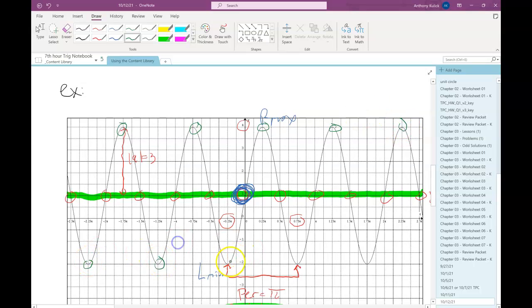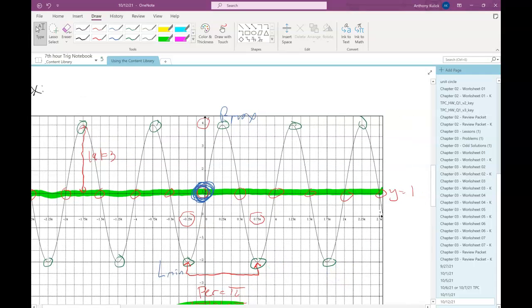Either is okay. So I have lots of choices again. Everybody okay with that? Again, it doesn't matter whether I choose a maximum or a minimum. It'll be fine. For the sake of argument, I'm going to choose this minimum here, which is at negative pi over 4 and negative 2.